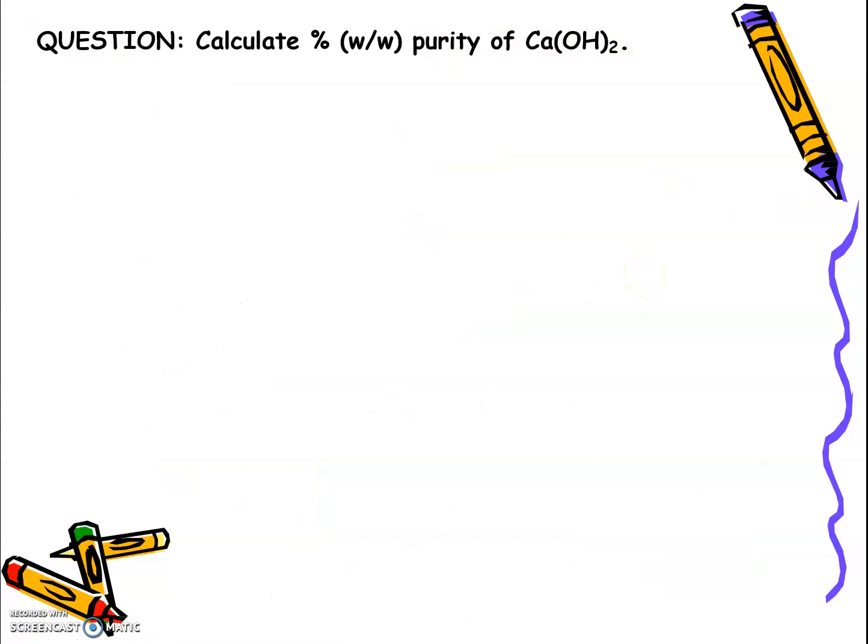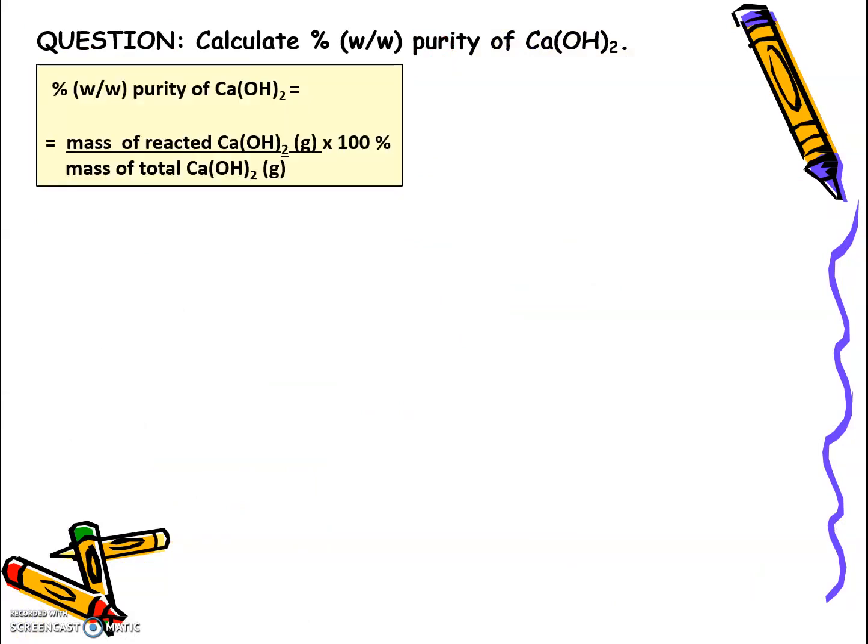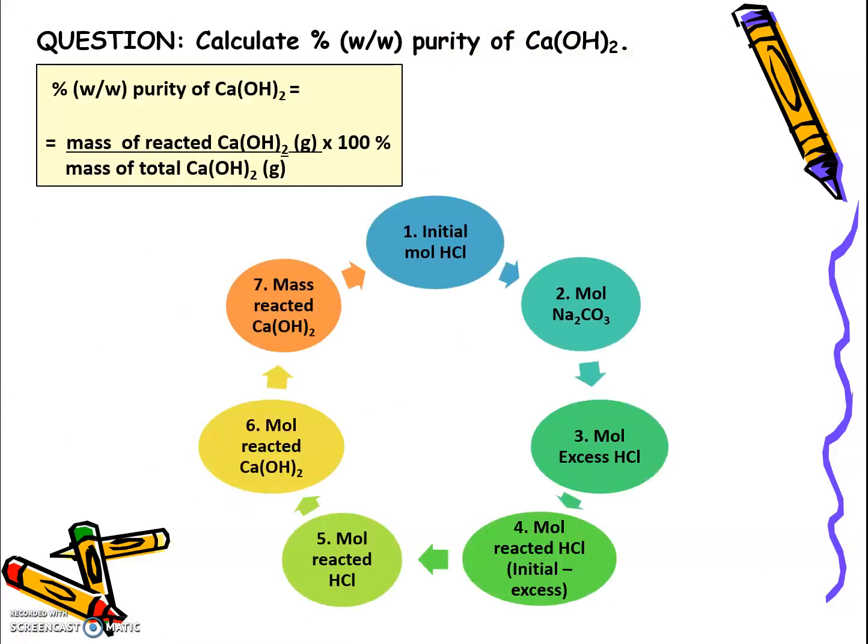Okay, so this is the flow, how to get the answer like I explained just now. You find the initial mole of acid, and then from titration find number of mole of sodium carbonate.